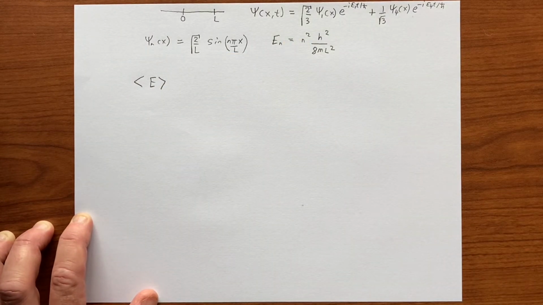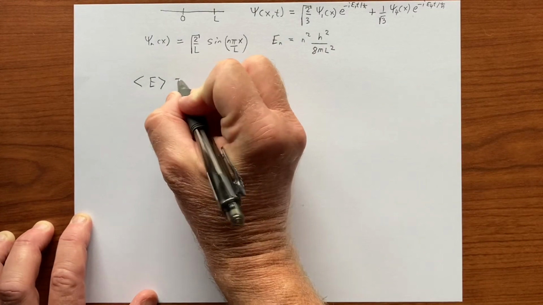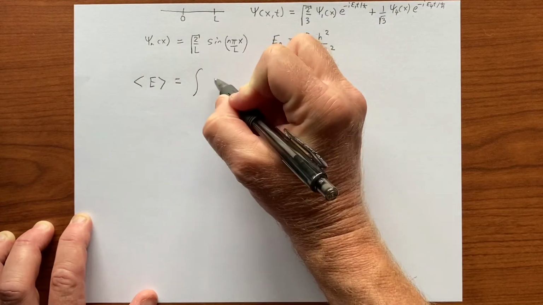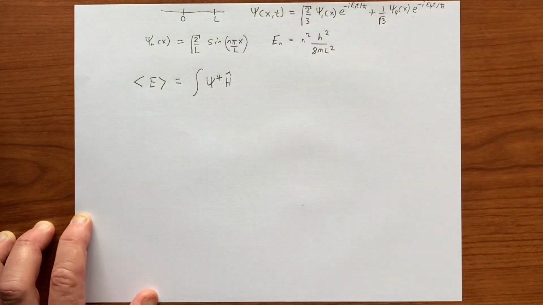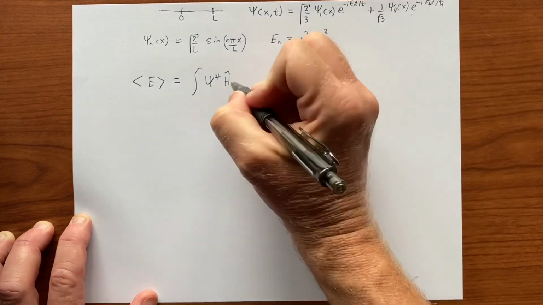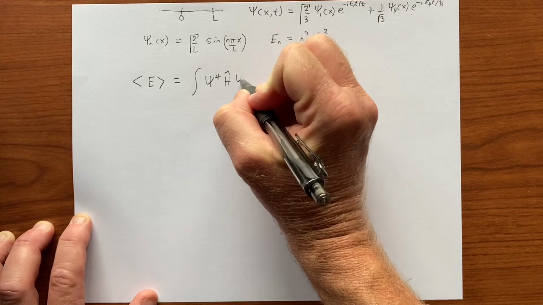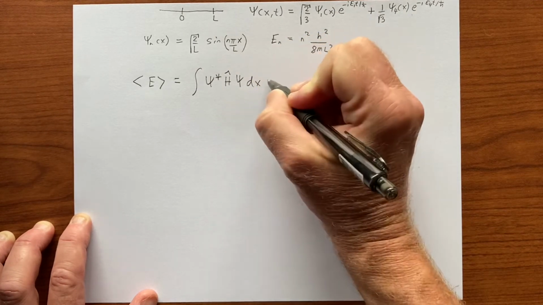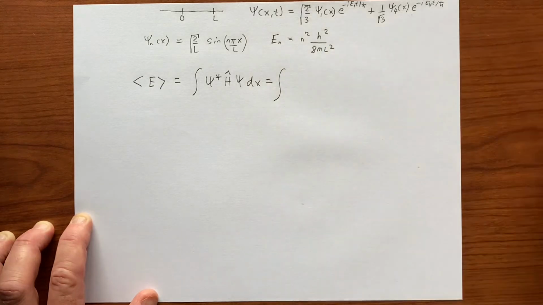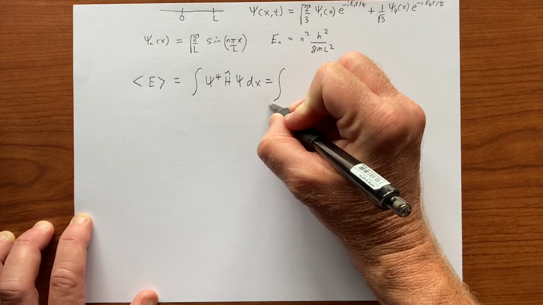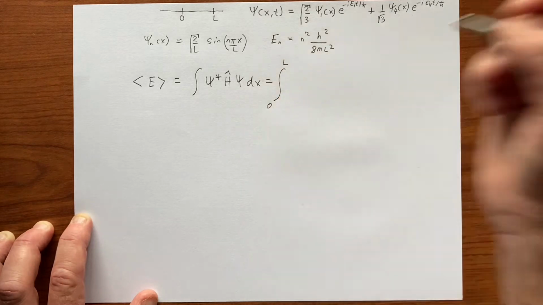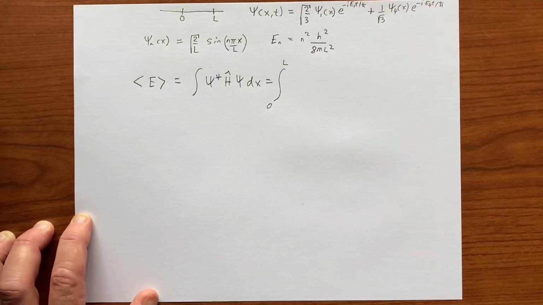The expectation value from theory is going to be equal to psi star, or the energy is given by the Hamiltonian operator, and that will give us an integral over all of space, or really 0 to L, because the wave functions are 0 outside of that.